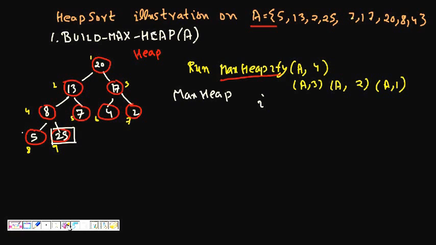So 5 and 20 we swap, so 25 comes here and 20 comes here, and the heap size is also decremented, so these two are now not in the heap. So it is 5 at the top.